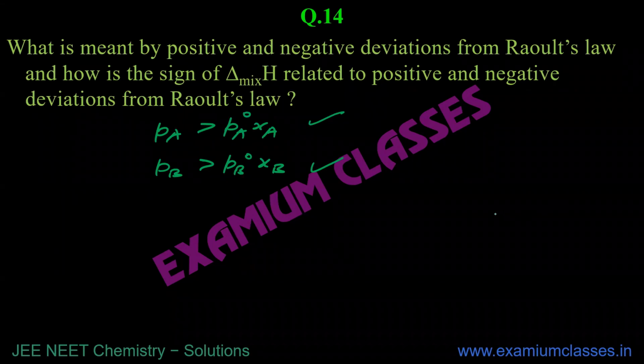So now tell me delta H of the mixture for positive deviation and negative deviation. Ariman and Pratham have already given me the correct answer. For positive deviation, will delta H mixture be greater than 0 or less than 0? I'm just giving you a hint. Suppose you don't remember, and you know that we are talking about positive deviation.